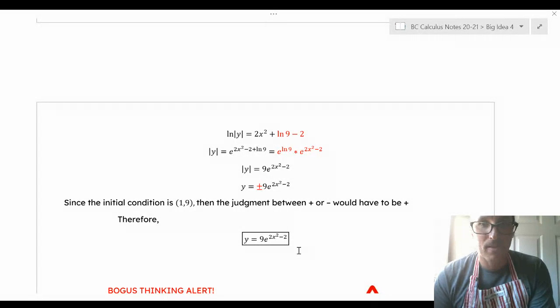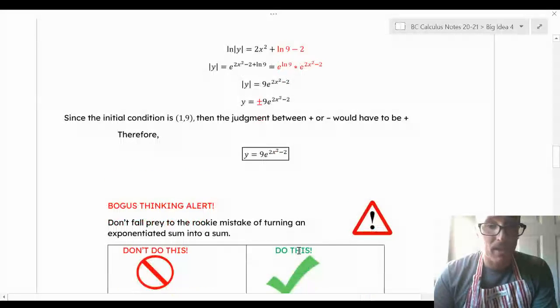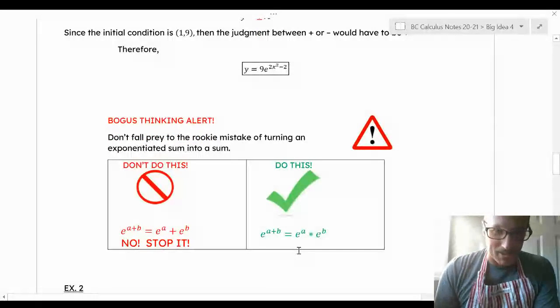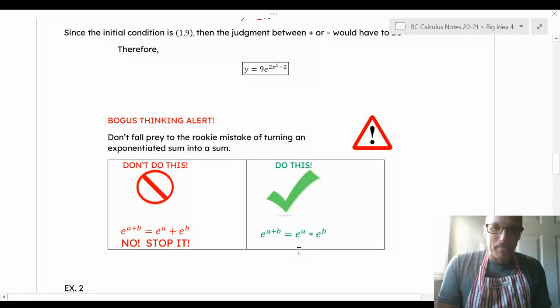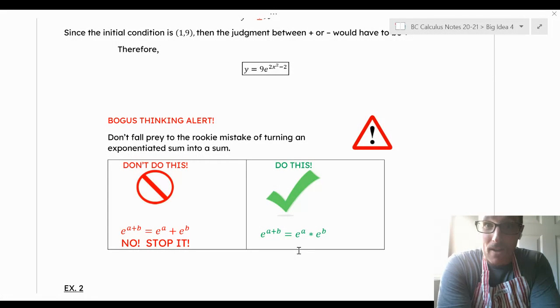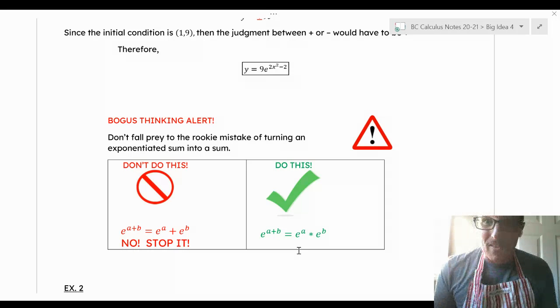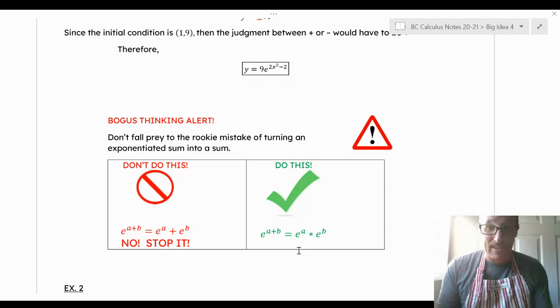Whew, that was cool. All right, so let me just warn you guys, there's some bogus thinking alert happening here. There's like one step of calculus and there's a lot of algebra here. So where are you going to mess up? With the algebra. Good calculus is ruined by bad algebra. Guys, that is a fact, right?